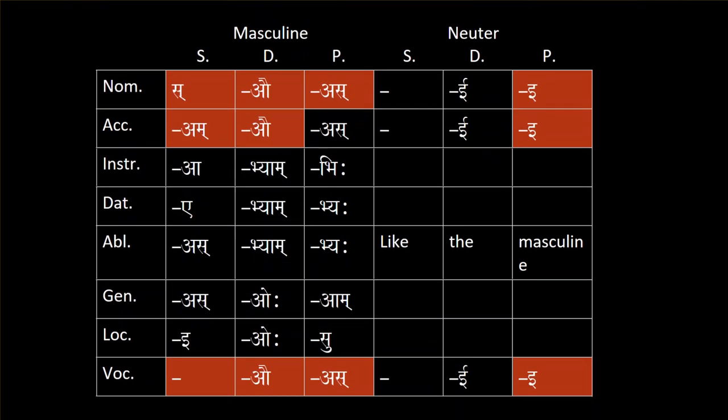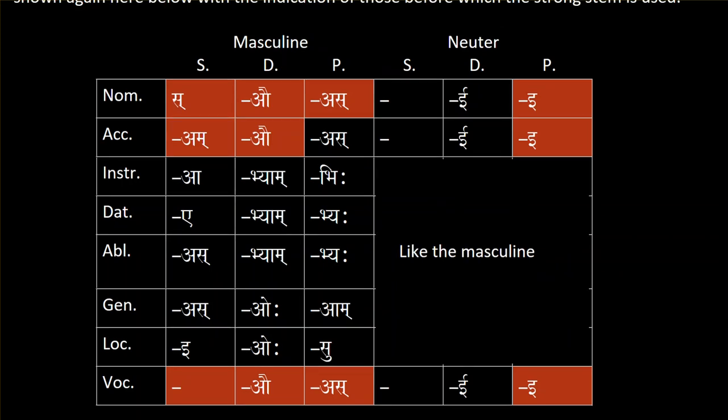Now, the reason why the color coding is different is so that you can see when you are using the strong stem and when you are using the weak stem. The rest that you don't see in red, the ones that are in black, those are going to be used for the weak stems.